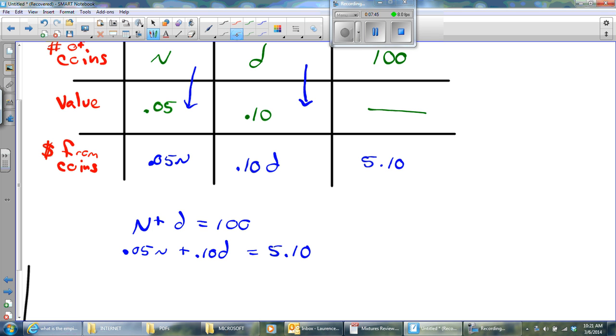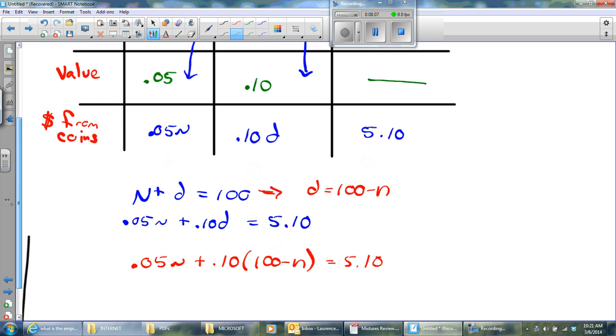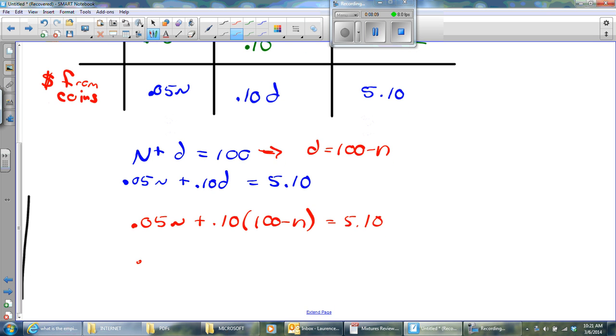All right, I am going to solve this one for d, I think. And when I do that, I'm going to get d equals 100 minus n. So I'm going to write 0.05n plus 0.10 times the quantity of 100 minus n equals 5.1. All right, gonna distribute: 0.05n plus 10 minus 0.10n.